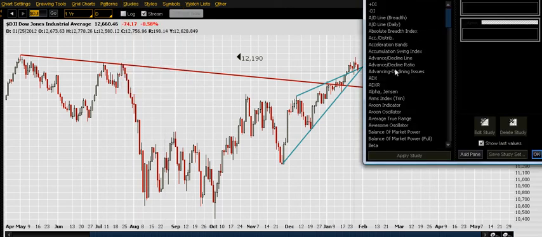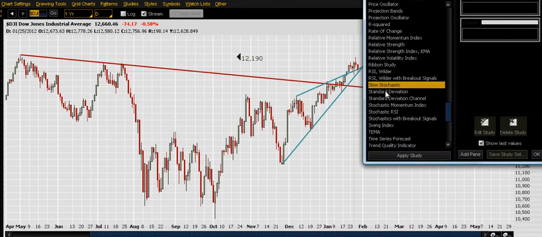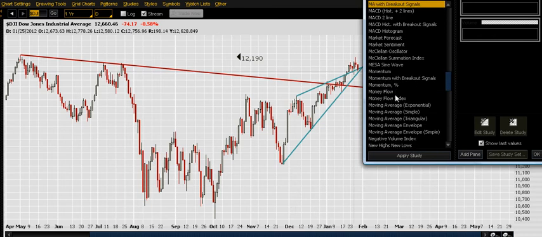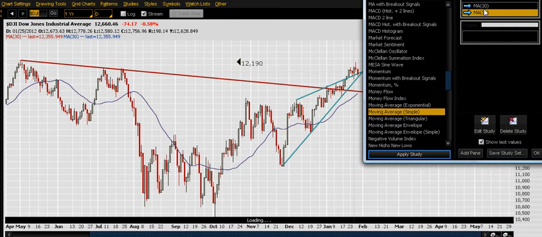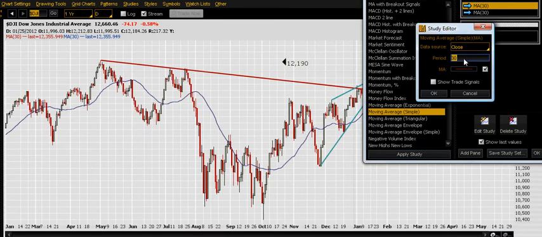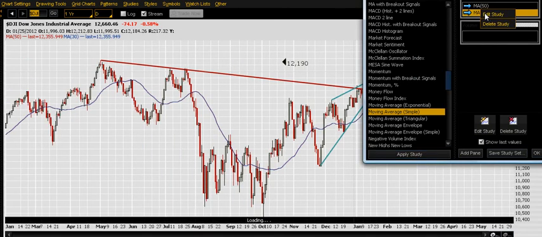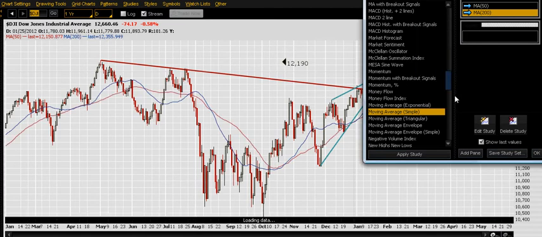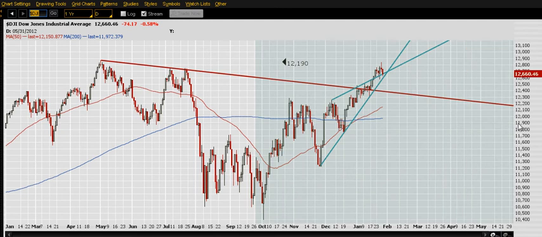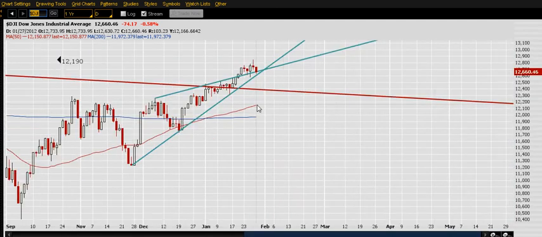But there's one other thing that's going to act as a support level, and that is, let's put the moving averages on here. I'm going to do two. I'm going to do the 50-day, which is widely followed, and the 200-day, which is extremely widely followed. Where are these right now? The 50-day is about 12,150.